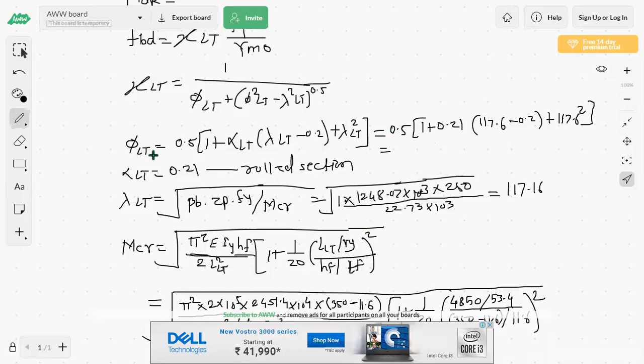Again phi LT has no unit because this is again a factor. I have given what is phi LT, what is lambda LT, each and everything in the procedure. What does lambda LT mean, what does phi LT mean, what does alpha LT mean. Now what is phi LT?